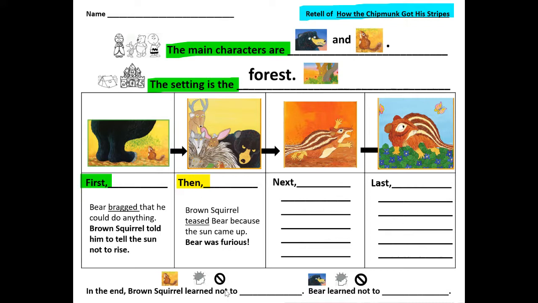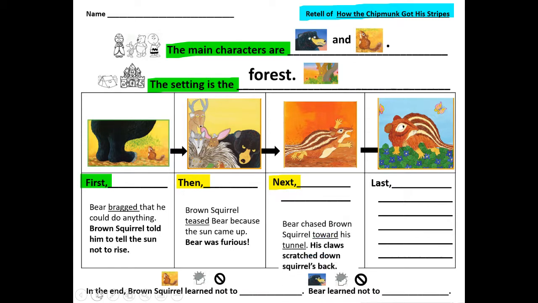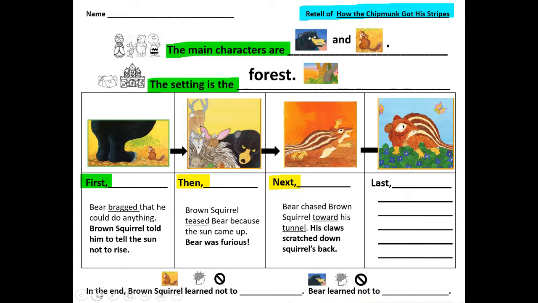Bear was furious. Next, what happened? Next, Bear chased Brown Squirrel toward his tunnel. His claws scratched down Squirrel's back.